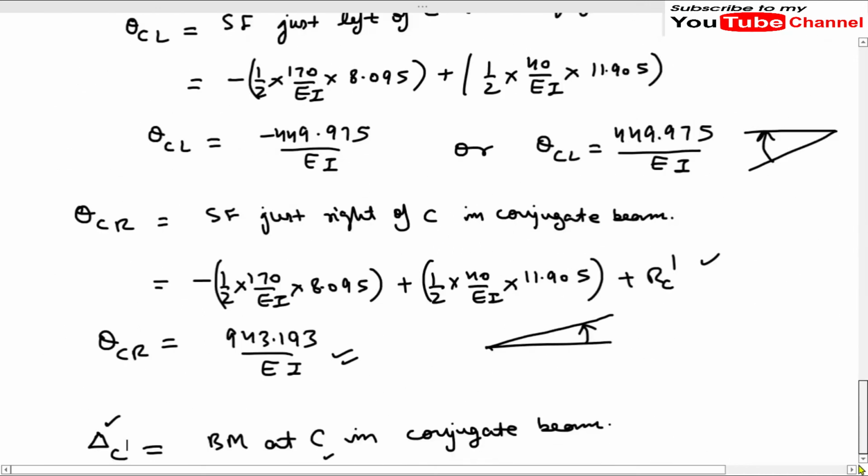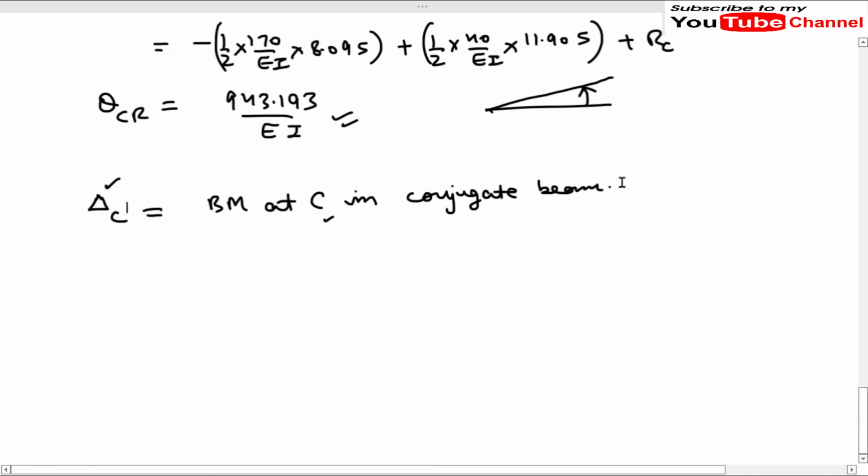Okay, so I will just write directly the bending moment. So first I will write the bending moment due to the triangular loading which is acting downward, so it will be taken as negative. So it will be 1 by 2 times 12. The 12 is the length of the triangle, or you can say base of the triangle. 48 divided by EI multiplied by 2 by 3 into 12.